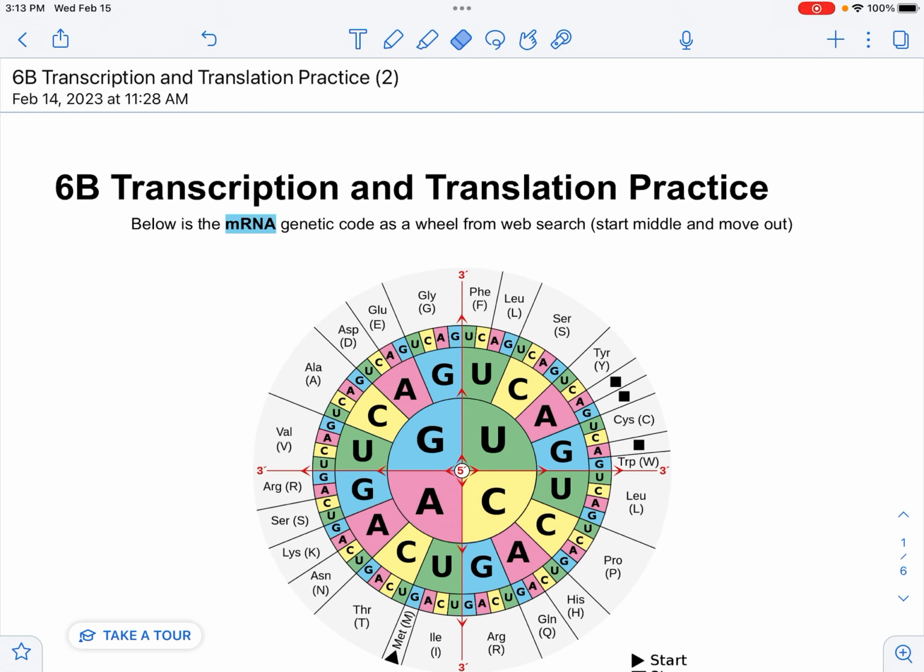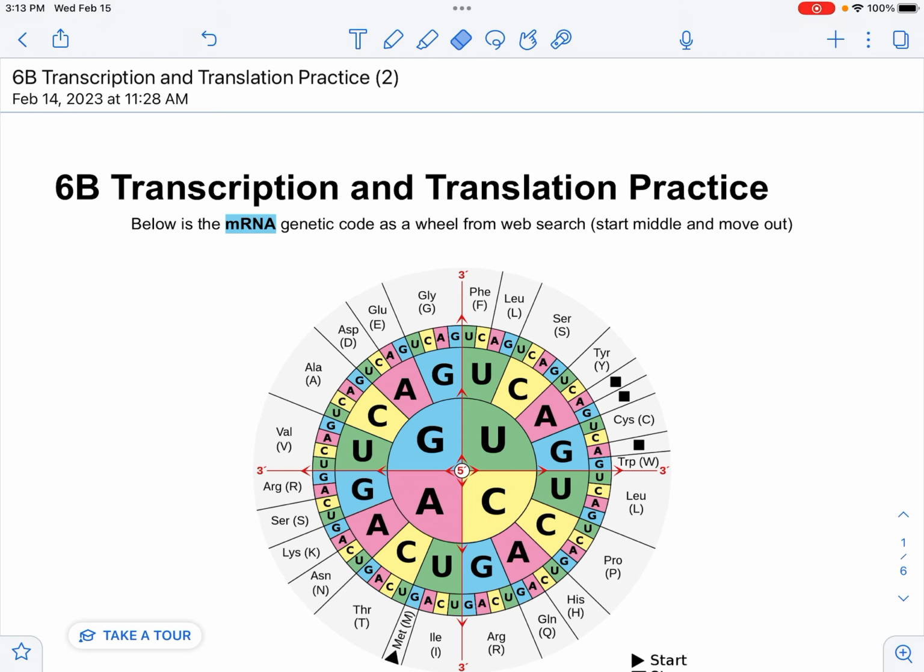Transcription is necessary because DNA can't leave. But the code of life, the ATGC code that is specific to specific genes, needs to get out. And so the RNA is the trick. RNA is small enough to leave through the nuclear pores.